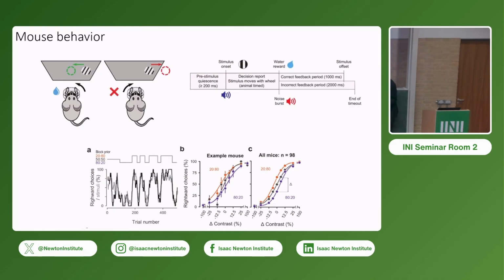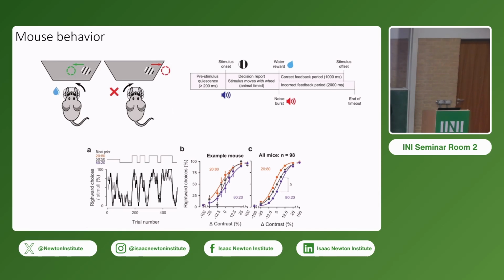And this is a task that was used by an organization, the International Brain Lab, which was a worldwide collaboration of 20 labs or so who recorded from the entire brain of the mouse, covered the whole thing systematically with these neuropixels electrodes. And it was all using the same task, and the task is illustrated here.